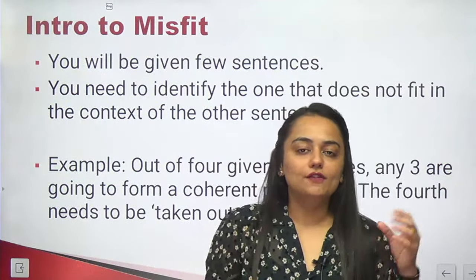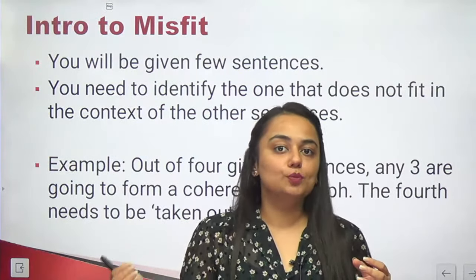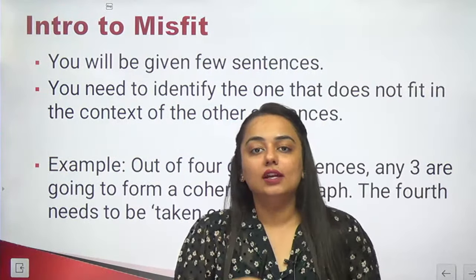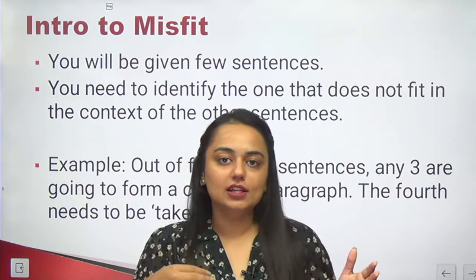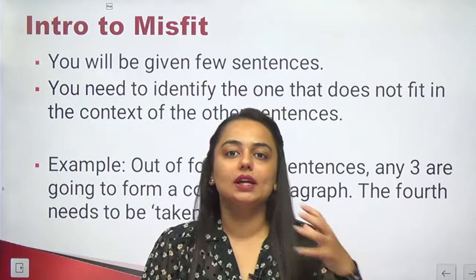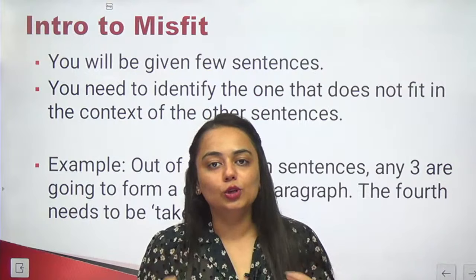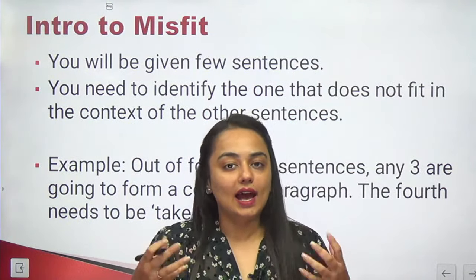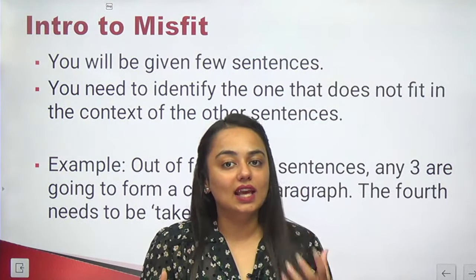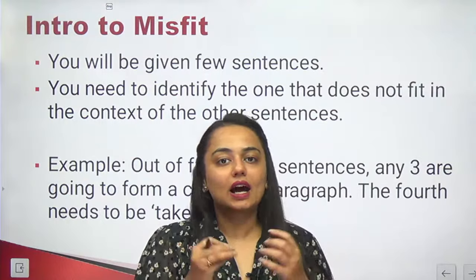Every paragraph or passage has an idea which is prevalent throughout, and there is a progression of that idea. It cannot go in any direction. There has to be a sequence, there has to be a structure. After enough practice, you will be able to develop the ability to critically analyze those sentences and guess which one line is in no way in sync with the other lines.